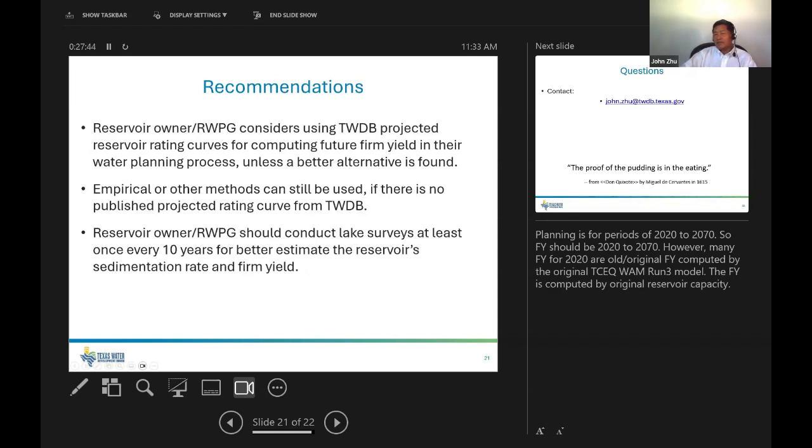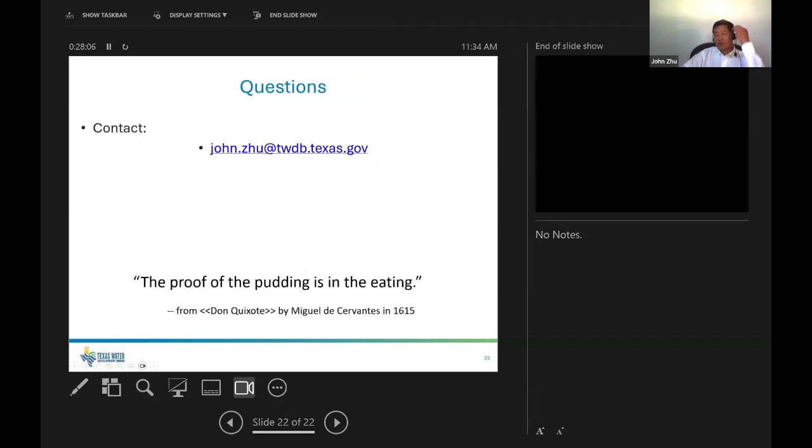And because this method is based on the survey, we recommend the reservoir owner conduct a lake survey at least once every 10 years for a better estimate of reservoir sedimentation rate and therefore the firm yield. So that is basically what we're doing.